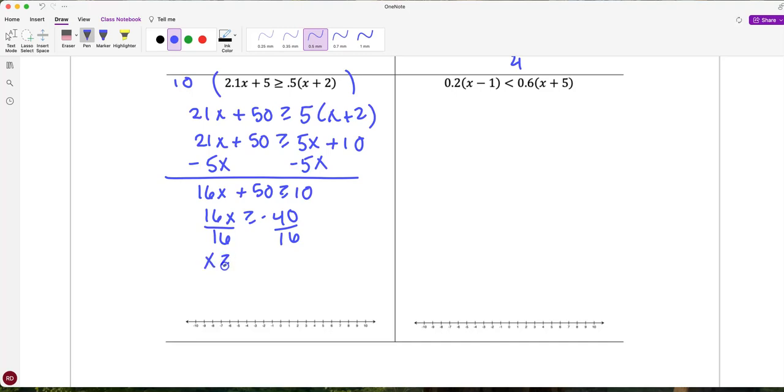So x is greater than or equal to negative, what's that, 20 over 8. So it's greater than or equal to negative 10/4, negative 5/2. So negative 2.5 is right here. So all the numbers that are greater than that.